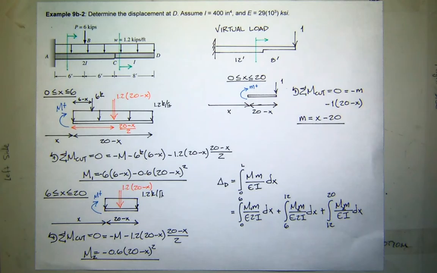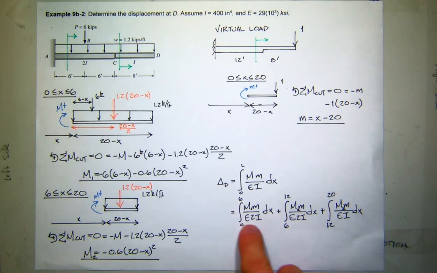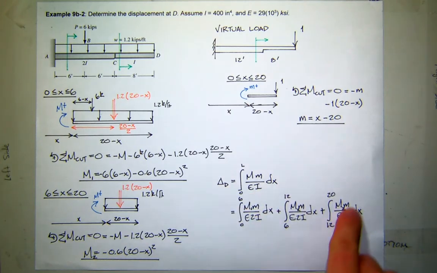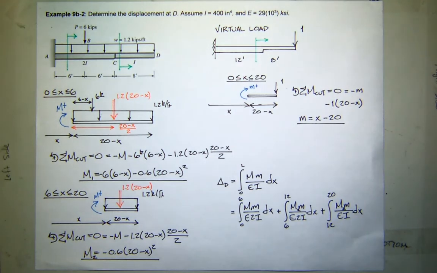Now, what I will do for you on a second sheet of paper, I won't do it on the video, but I'll post it, is I'll go ahead and plug those equations in and show you what they would be with an I of 400 and an E of 29,000 ksi. But really, I don't think it's necessary, unless you want to see it, to go through all that tedious algebra and integration just to produce a number.